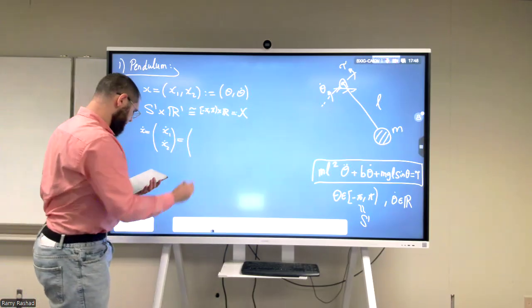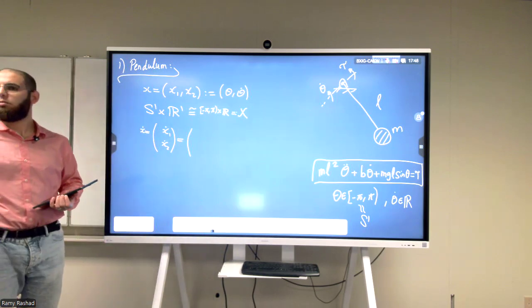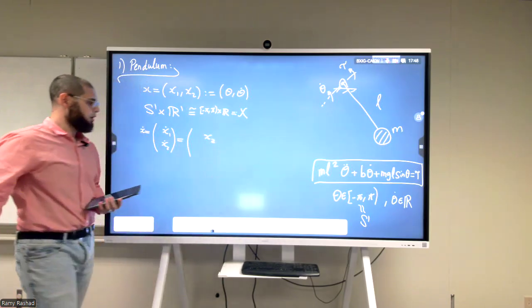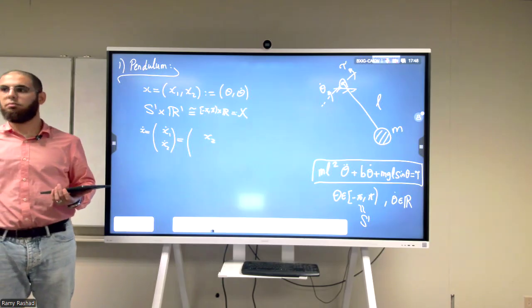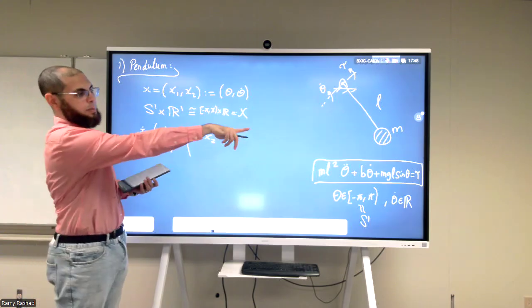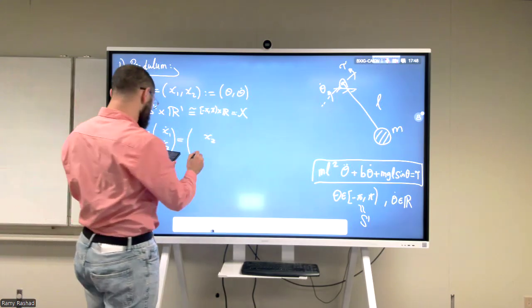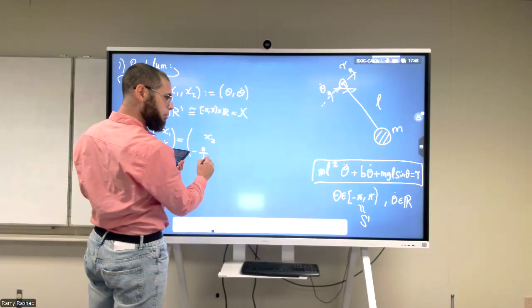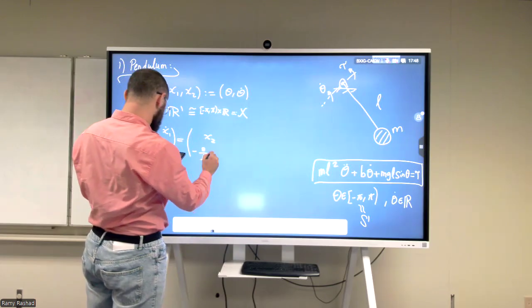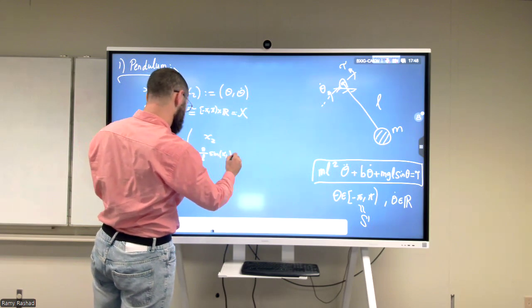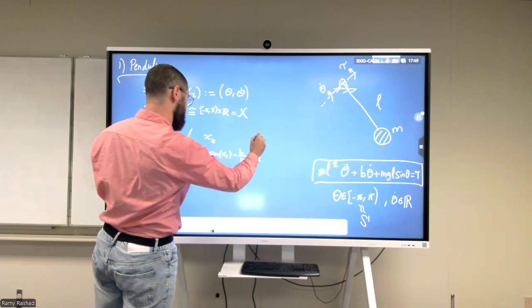So this is equal to, what is x1 dot equal to? x2, exactly. You all agree? Okay. What about x2 dot? It's equal to theta double dot. So we must rewrite the following equation in the following way. We can rewrite it as minus g over L multiplied by sine of x1, and we have minus b over ml squared multiplied by x2.